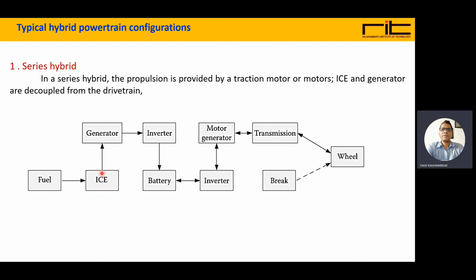The IC engine mostly drives the generator, and the generator supplies the inverter to convert AC to DC, and it is given to the battery. Then the battery supplies the motor, and the motor gives the torque to the transmission and to the wheel. So always the torque is provided by the motors, and the IC engine supports this by charging the battery through a generator.